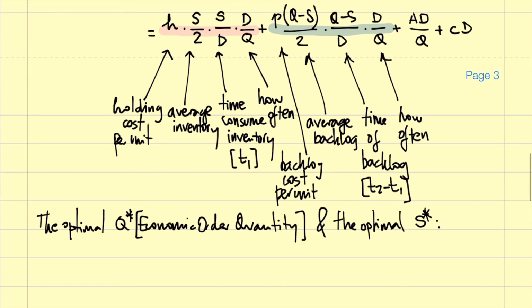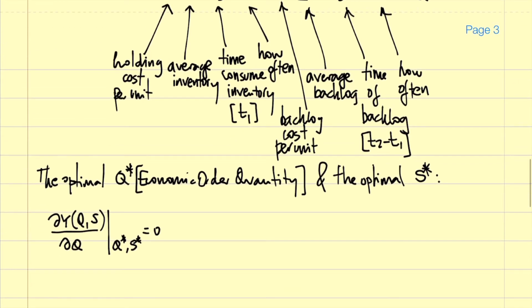We get it by having the first partial derivative of the function with respect to Q in Q star and S star equal to 0, and the first partial derivative of the function with respect to S in Q star and S star equal to 0.